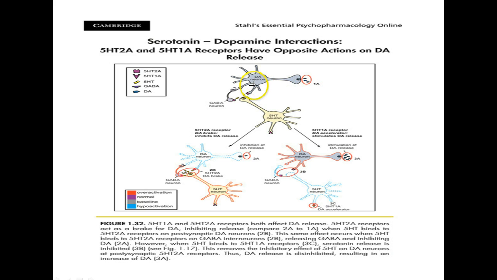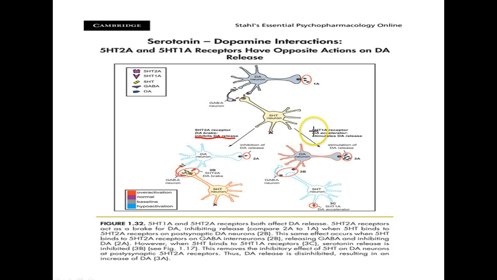Dopamine neurons also converge, either through GABA or directly, toward 5-HT neurons. Now, if you hit 5-HT2A receptors, the dopamine brake happens, which means it inhibits dopamine release. This is the feedback that 5-HT neurons give toward dopamine, a negative brake on dopaminergic neurons. So stimulation of 5-HT2A receptors will inhibit dopamine release.